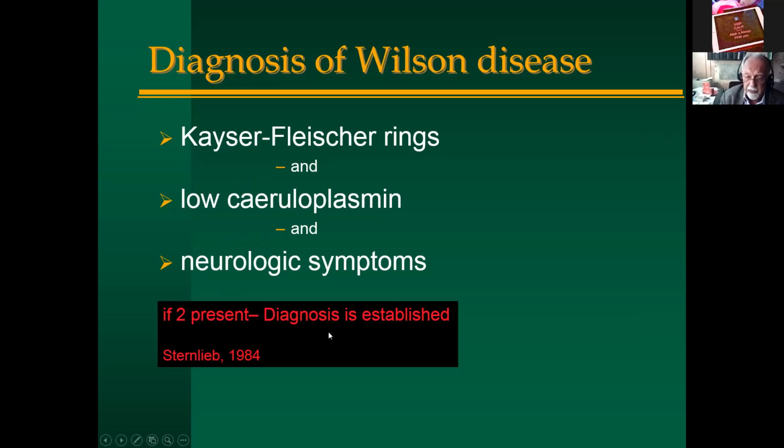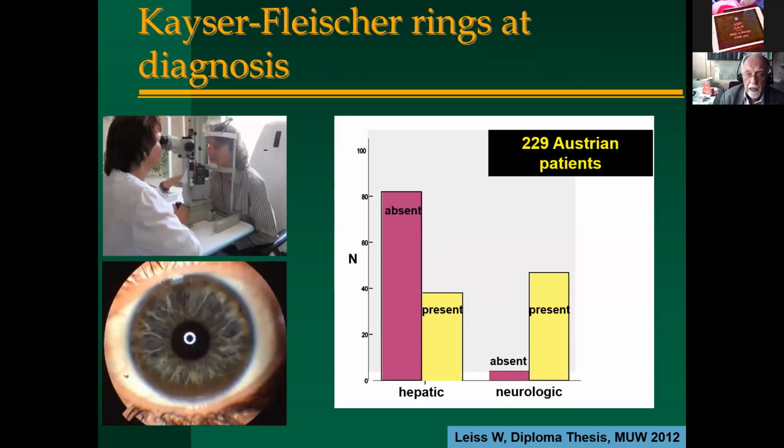If two were present, they had an established diagnosis without any further tests. Now, let's go into details. That's a Kaiser-Fleischer ring here. It's a brownish greenish ring at the edge of the cornea. You may need a good ophthalmologist with a slit lamp to verify the Kaiser-Fleischer ring.